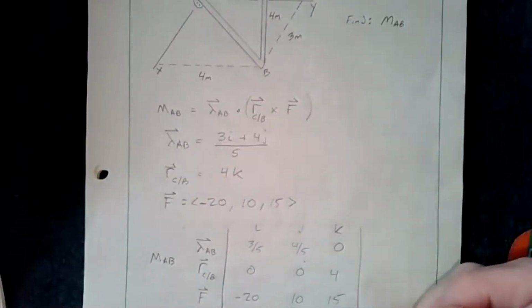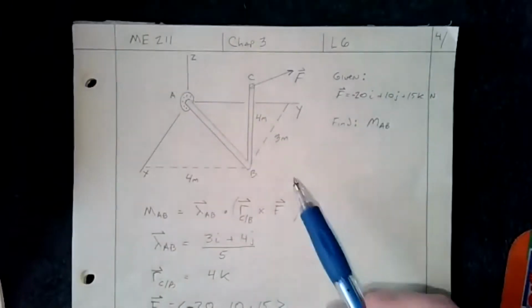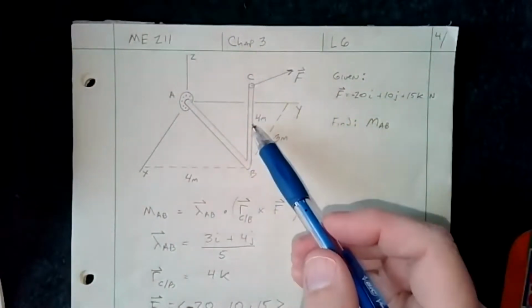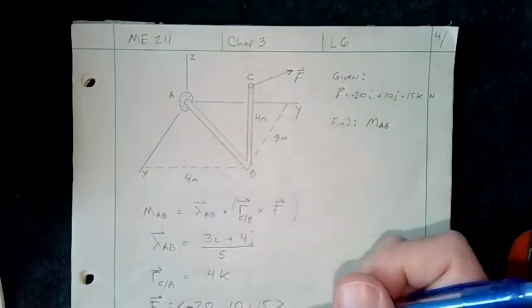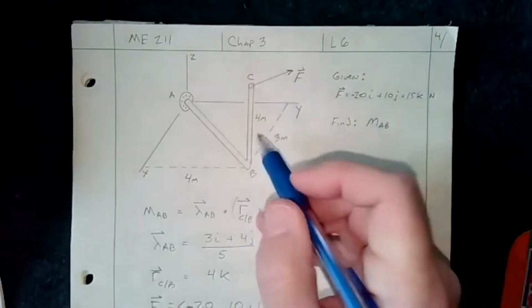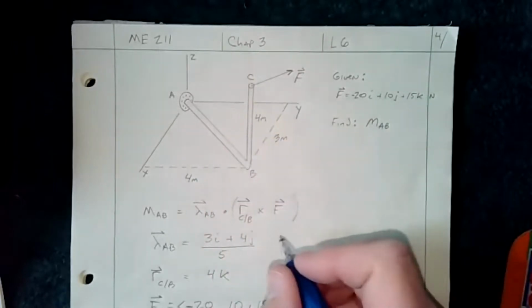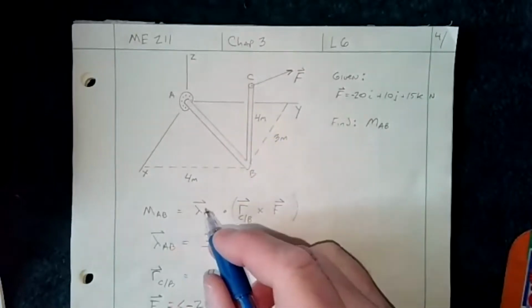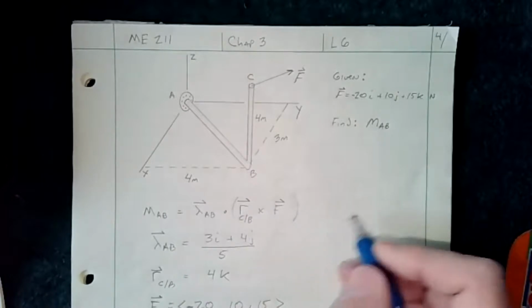Now, imagine you had multiple forces. Let's say you had, instead of just this one force F, maybe you had another force here. Well, you would just add another set. So if I had, say, F prime coming off here, then I would have said MAB equals this plus lambda AB.